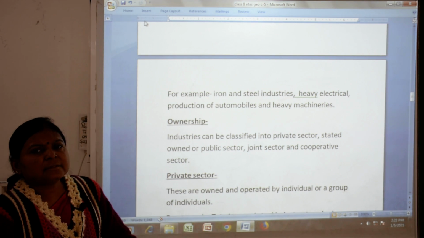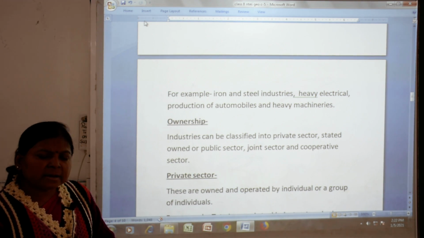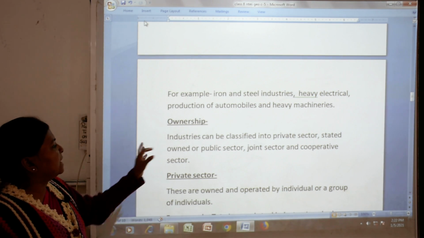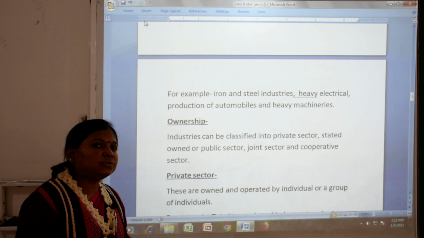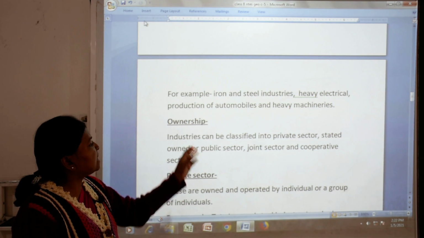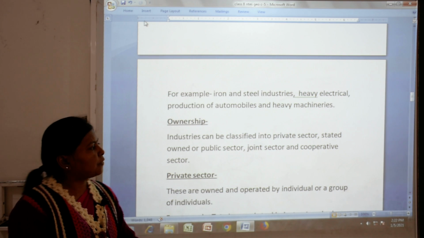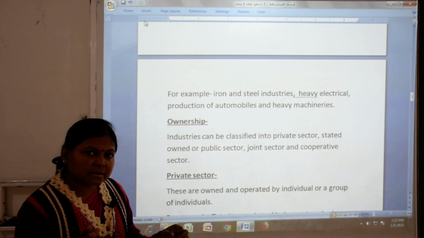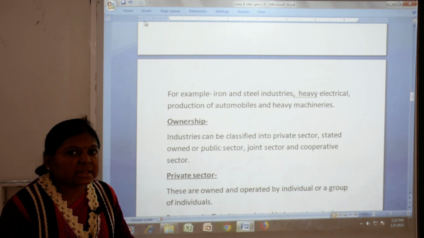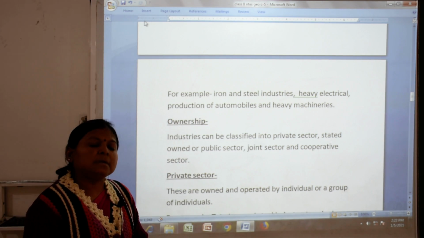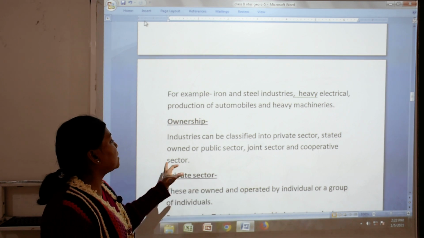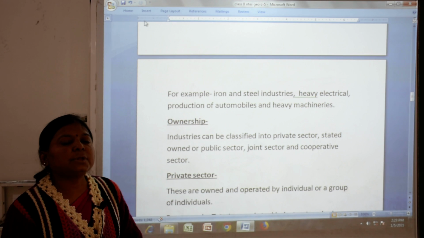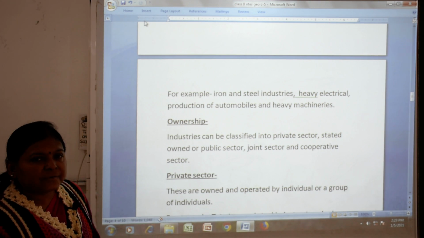Now next is ownership. Can industries also come under this? Yes, industries can be classified according to the ownership. So we can classify them on the basis of private sector, public sector, joint sector or cooperative sector. The first one is the private sector.